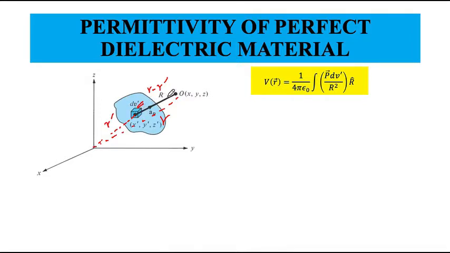This is P times dV', and P is the polarization, or the net dipole per unit volume. Multiplying that by the volume element will give me the net dipole moment sitting inside the differential volume.